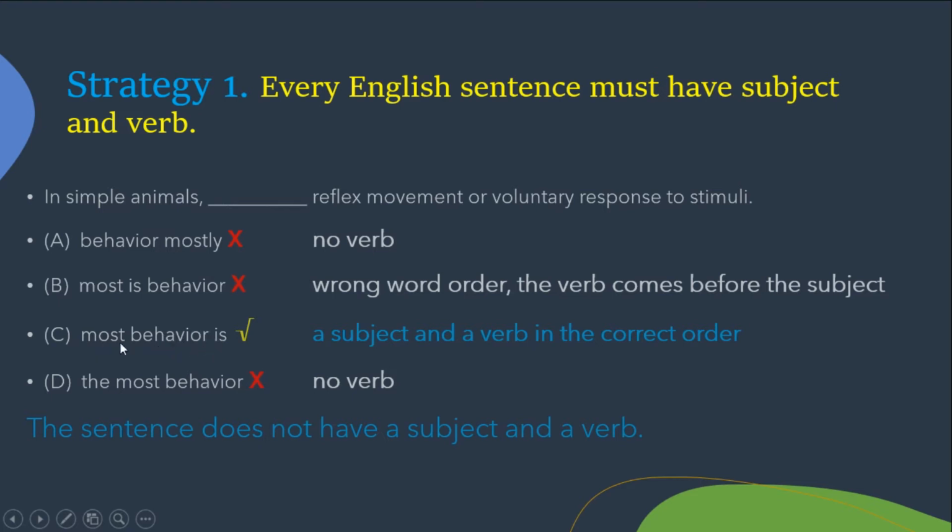Here we have a subject and we also have the verb, and they come in the correct order, so they are correct. Well, option D, the most behavior, is a subject but it doesn't have a verb, so this is also incorrect.